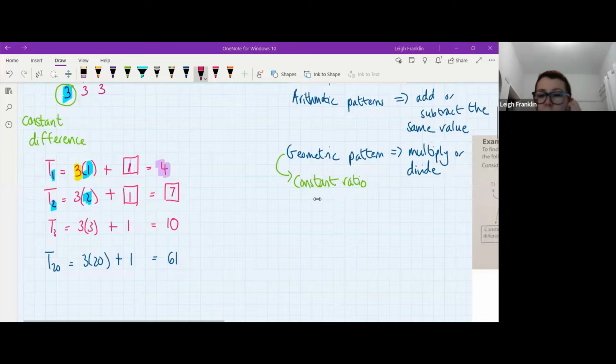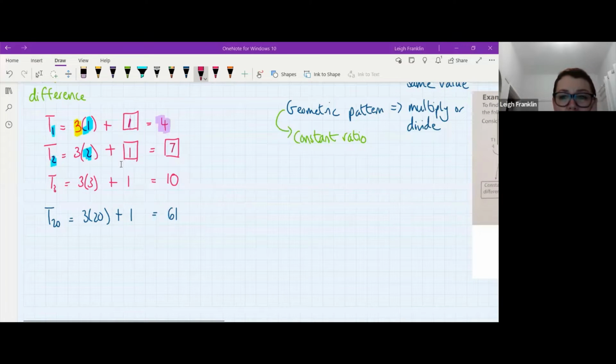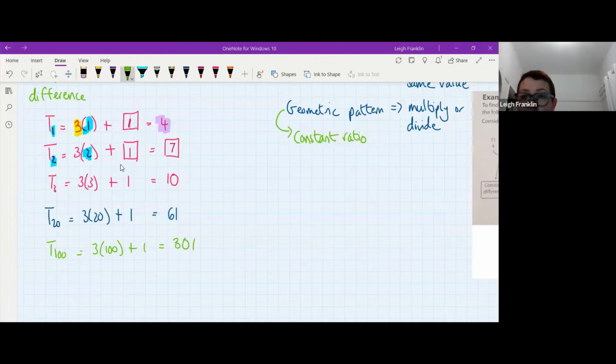Okay, Buhle, how would we work out term 100? Ma'am, so first you are going to say for term 100, it's 3 times 100. 3 times 100, good. Plus 1, which gives us 301. Absolutely. Okay, so this is easy for you guys. Everybody seems to be managing with this. Well done. That's really nice.